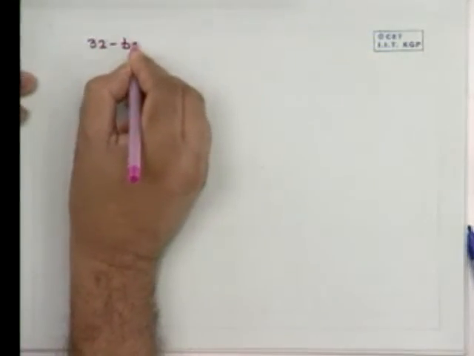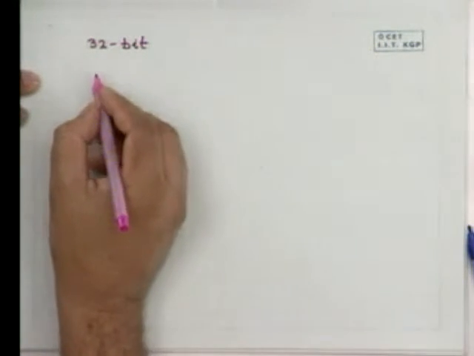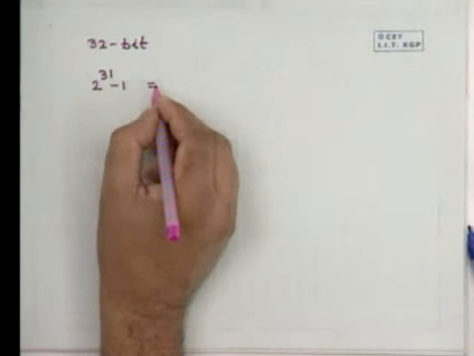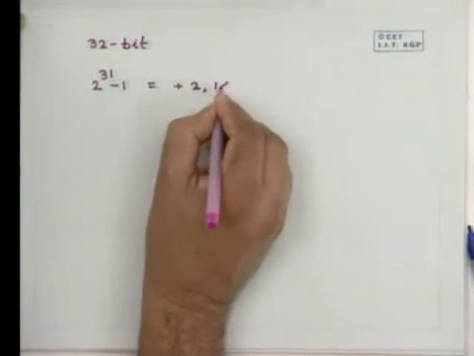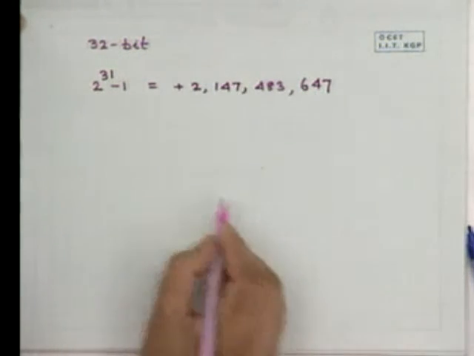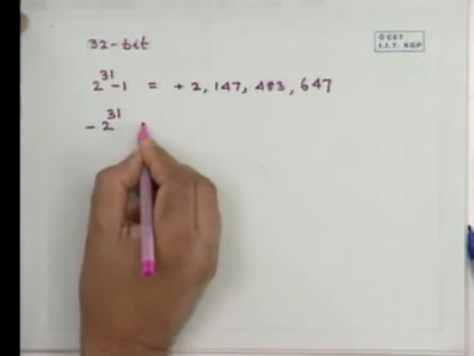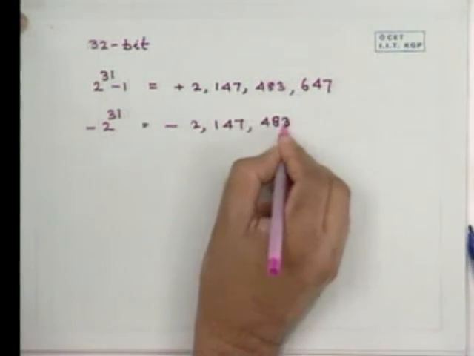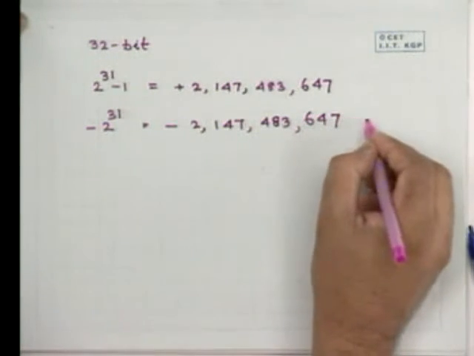If we have a long integer, as we know that a long integer is generally 32-bit, then we have 2 to the power 31 minus 1 as the maximum number, which is plus 2147483647 on the positive side, and minus 2 to the power 31, which is minus 2147483648, is the maximum negative number that I can represent.